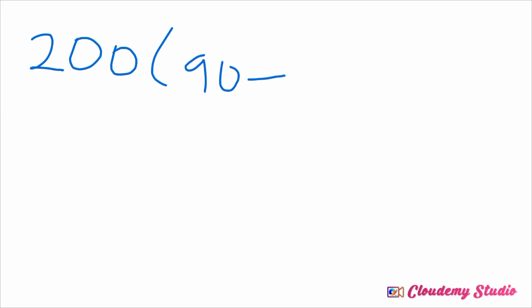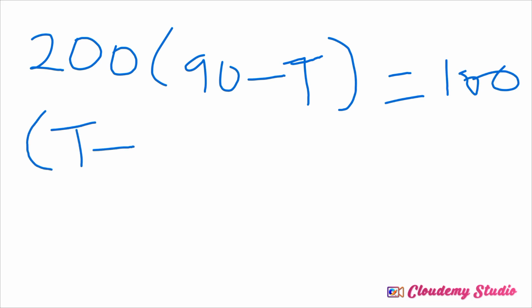So we are left with 200 (90 minus T) equals 100 (T minus 30). We are going to solve for T, because they asked for the final temperature of the mixture.